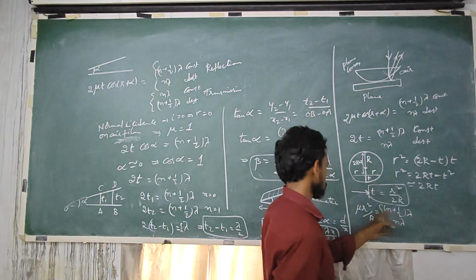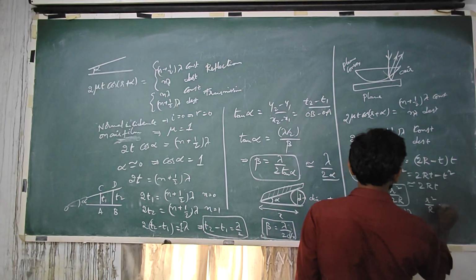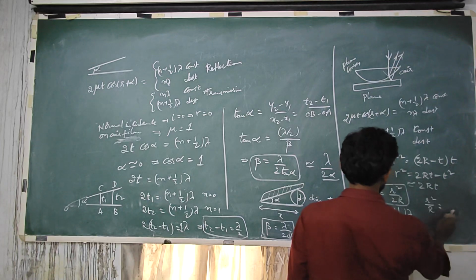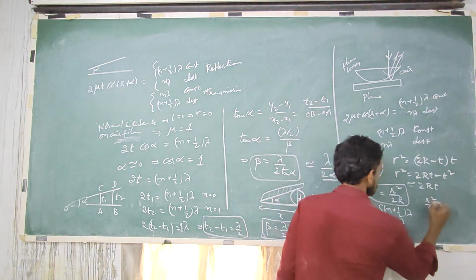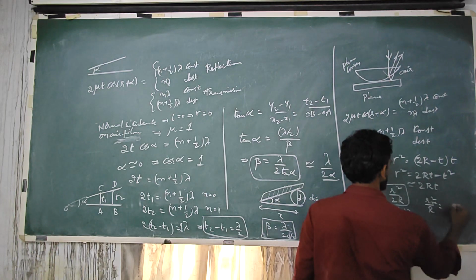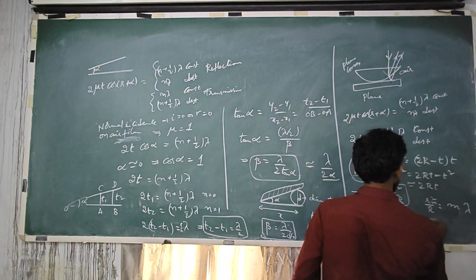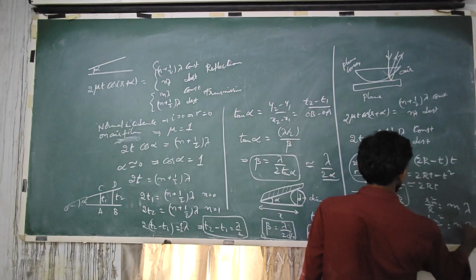So if you take two consecutive, so r square by r is equal to, let's say you are taking two different rings, one mth ring and nth ring. R m square is m lambda and r m square by r is equal to m lambda.